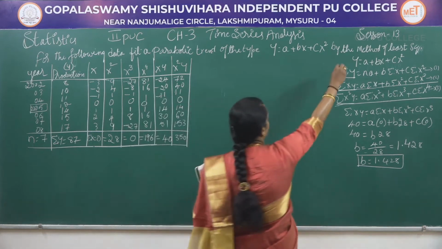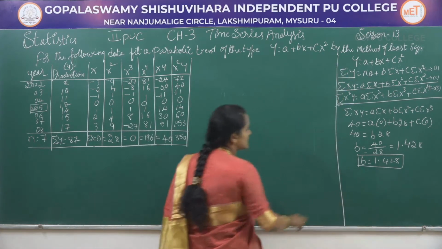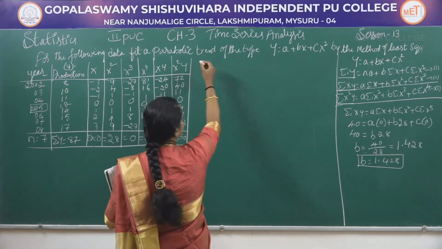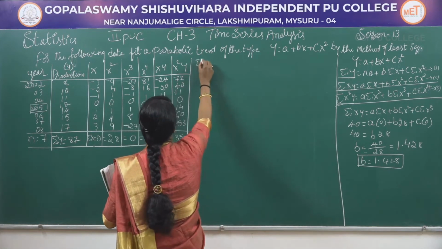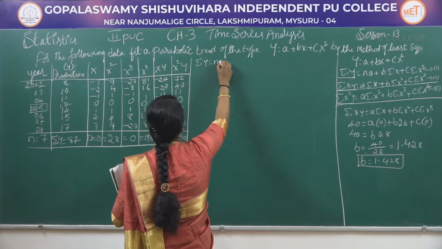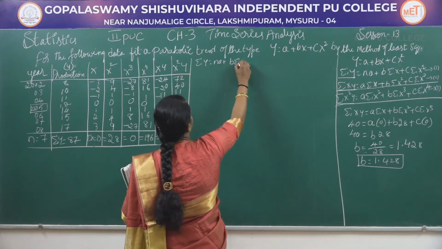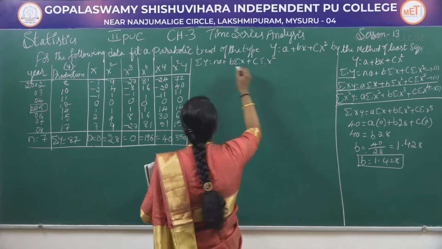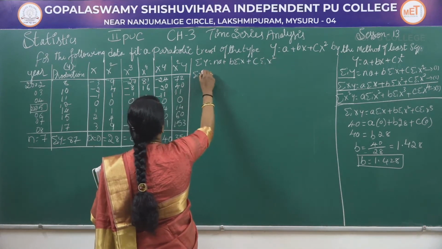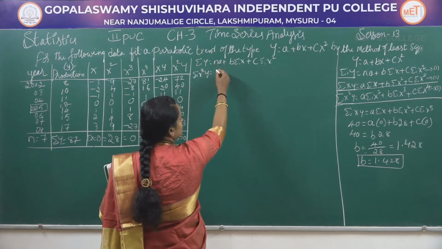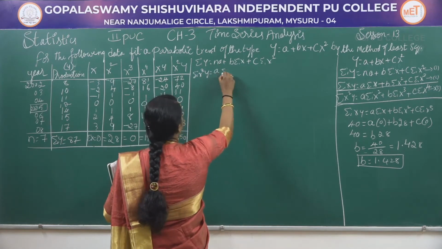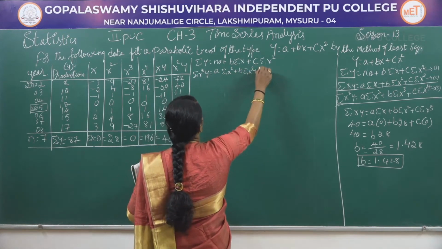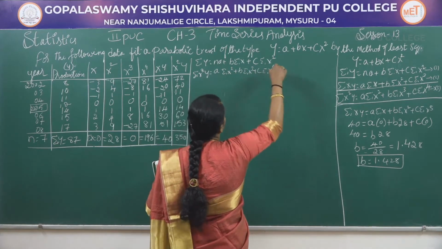Next I have to consider the first and third equation. The first equation is summation y equals na plus b into summation x plus c into summation x square, and the third is summation x square y equals a into summation x square plus b into summation x cube plus c into summation x power 4.